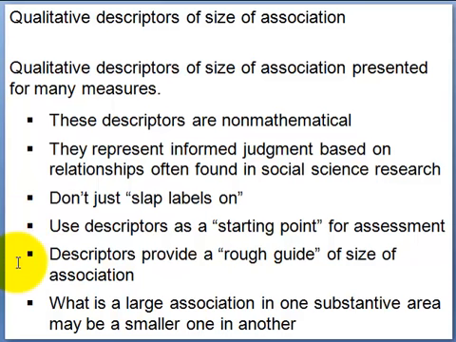These descriptors are providing a rough guide to size of association. And indeed, there is certainly some credence to the notion that what's large in one substantive area may not be so in another. So these are to help you get a feel for the associations and differences that you'll see in research.